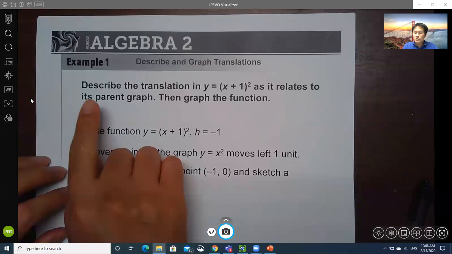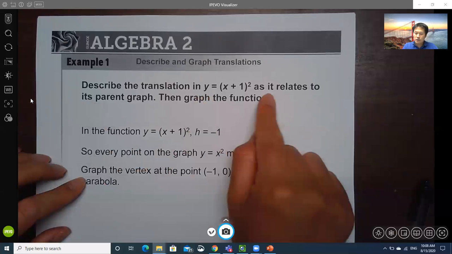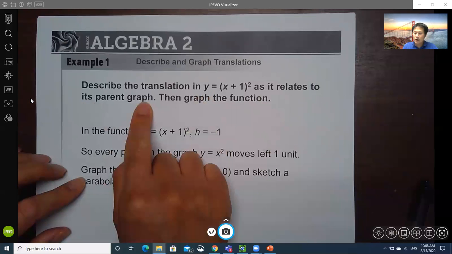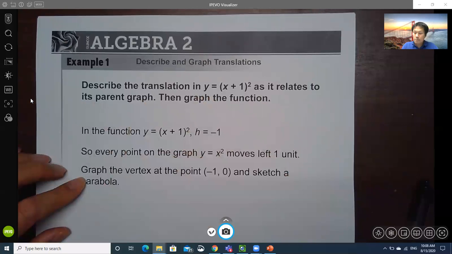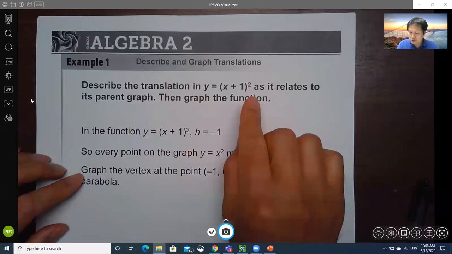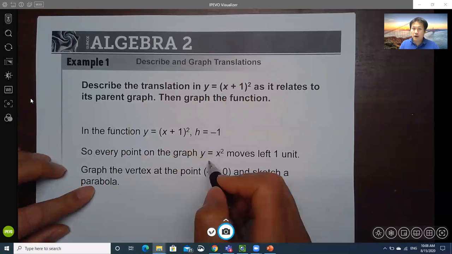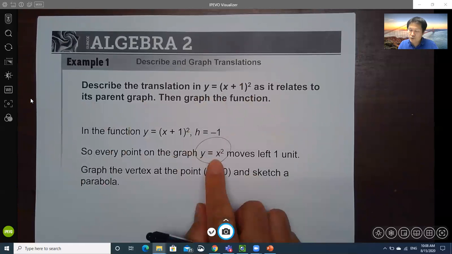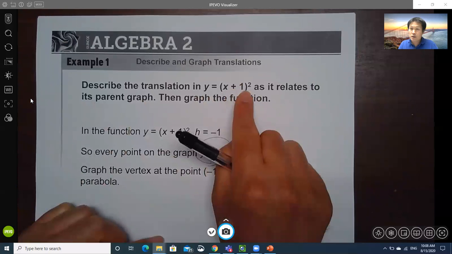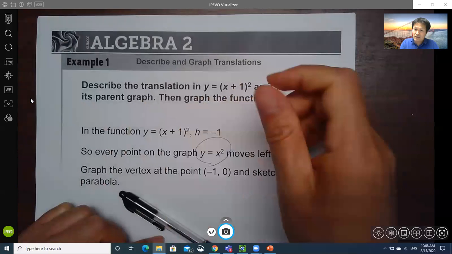Describe the translation of y equal to this as it relates to the parent graph, then graph the function. The parent graph is without shifting. So you should understand that the parent graph is y equal to x squared. Plus 1. X can see 1? Yes. So it's either right or left.